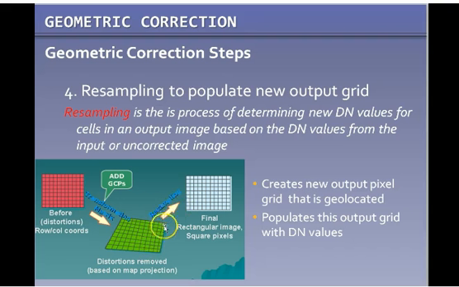And the resampling is when we take this empty grid with geographic coordinates, and we're now going to determine which pixel values, which DN values, should go into each one of these pixels. This is essentially how we populate the grid with the reflectance or with the DN data that the sensor collected.